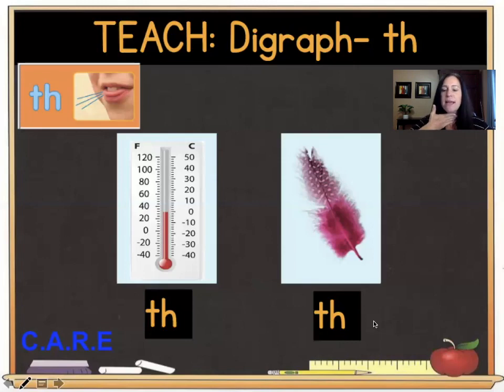So I want you to say the voiced th sound. Ready? Go. Th. Very good. The position of your mouth is still the same as you make the unvoiced sound. Now the voiced sound keyword is feather. Can you say feather? Very good.